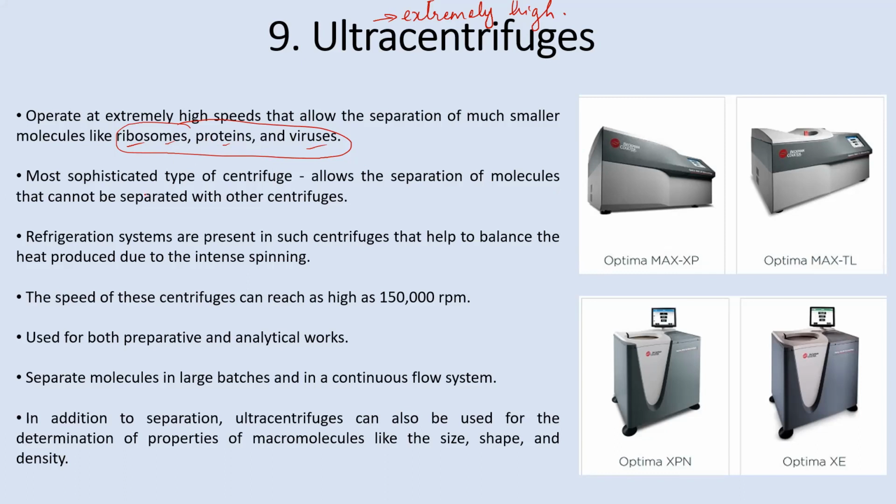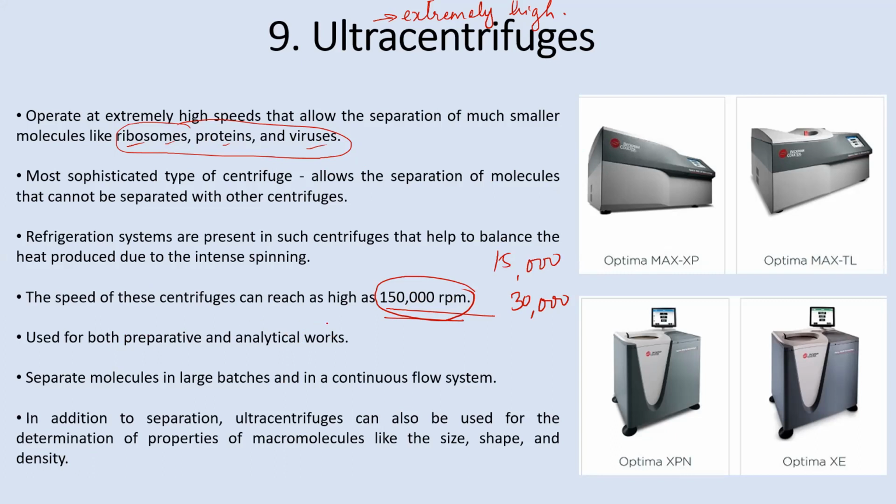A refrigeration system is also obviously built in, because heat may damage these very sensitive biomolecules. The speed can go up to 150,000 RPM. So can you see the extremely high speed I mean by this? It is not 15,000, it is not 30,000, it is 150,000 RPM, very high.